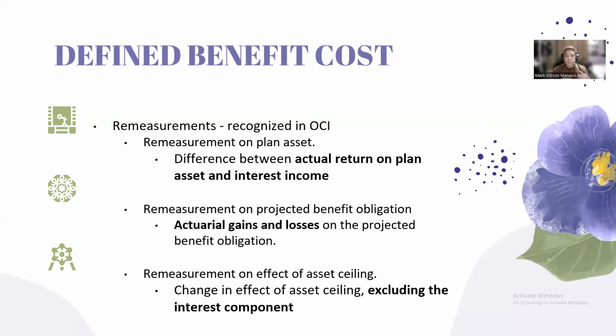Now, the remeasurement on the PBO, or the projected benefit obligation, the actuarial gains and losses on the projected benefit obligation, and the remeasurement on the effect of asset ceiling, or the change in the effect of asset ceiling excluding the interest component. All of these remeasurements on plan assets, on PBO, and the effect of asset ceiling are all recognized in the other comprehensive income.